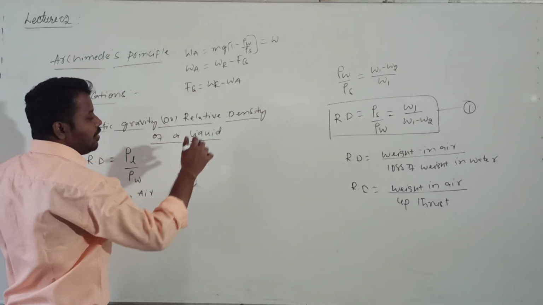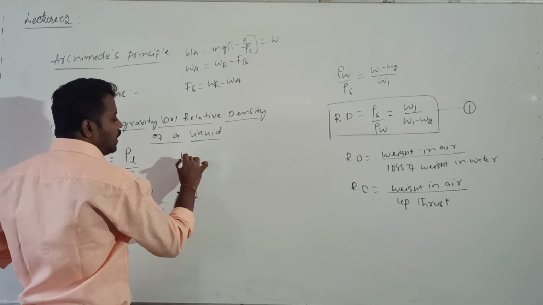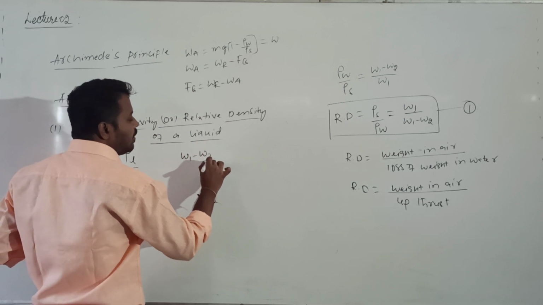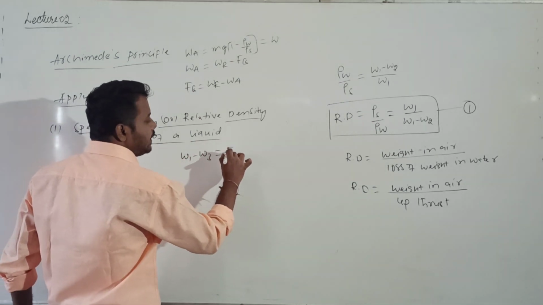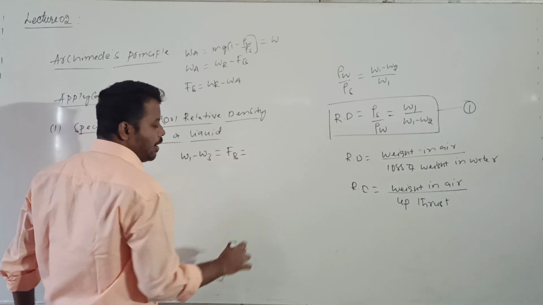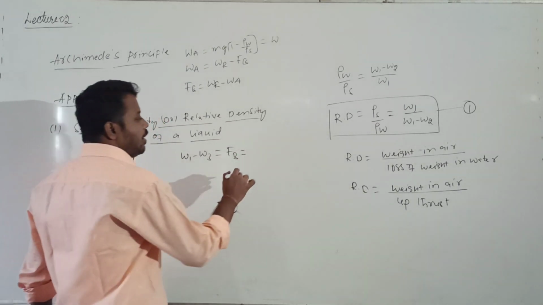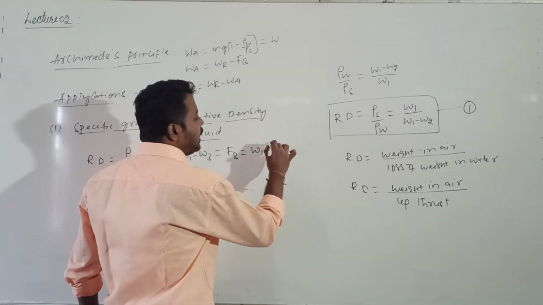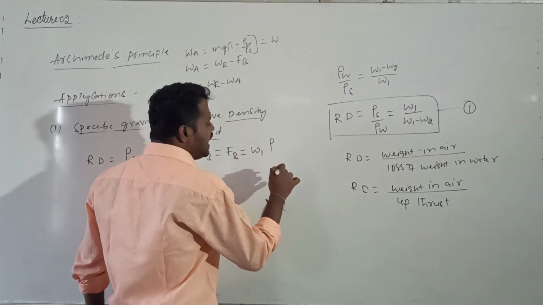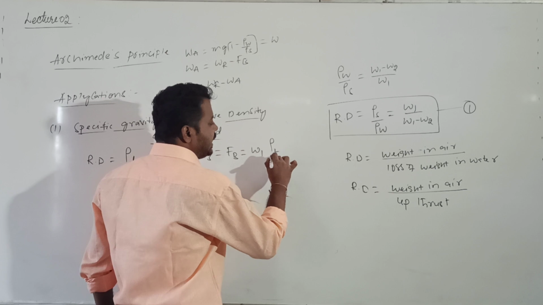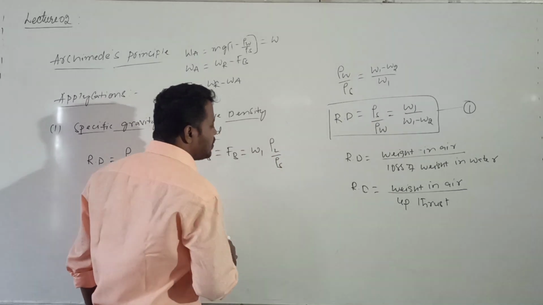Now, can I apply the same formula like last time? W1 minus W3 will give you the loss of weight. That loss of weight value will be equal to Fb. So can I write Fb is equal to W1 into rho l, the density of the liquid, divided by the density of the solid.